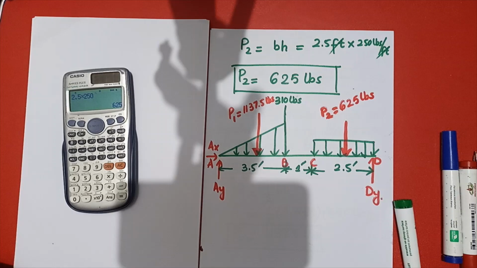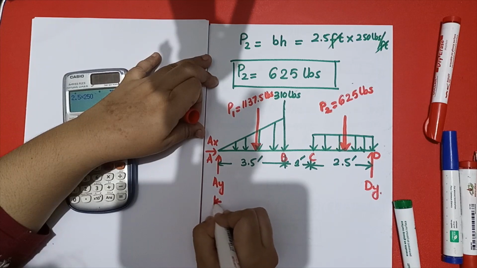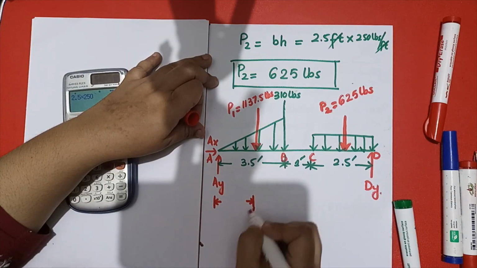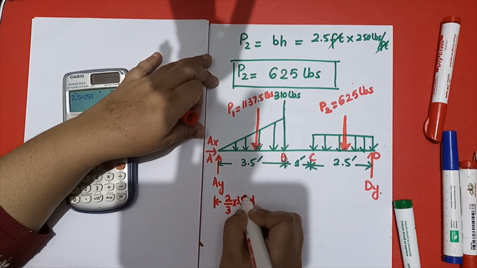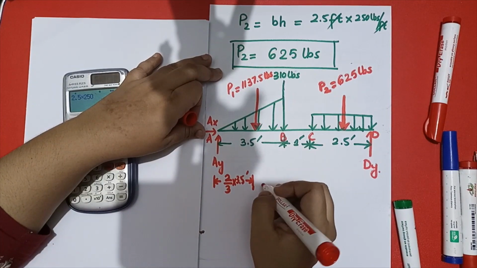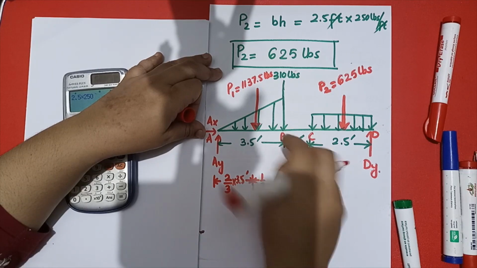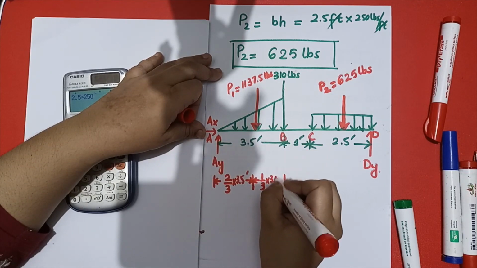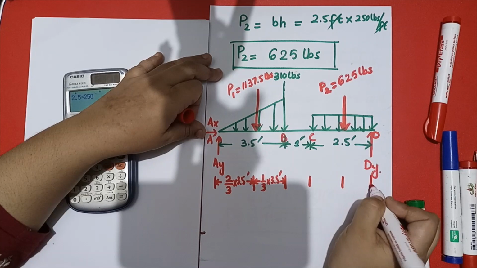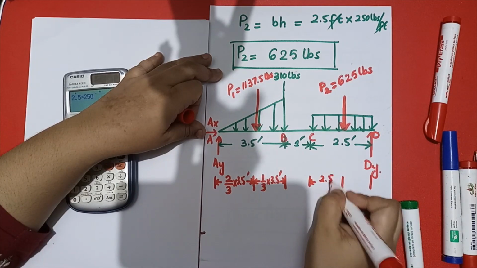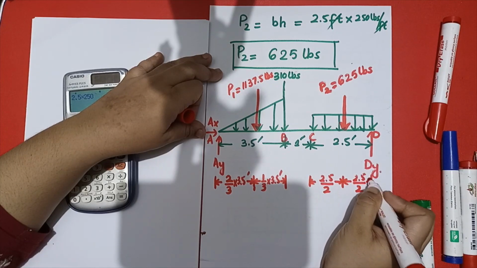Now, for the triangular loading, I already told you the distance from the shorter side of the triangle is 2 by 3 into 3.5 feet. And this distance should be 1 by 3 into 3.5 feet because it is the longer side. And this is 2.5, because this is a uniformly distributed load, so its resultant acts at 2.5 divided by 2.